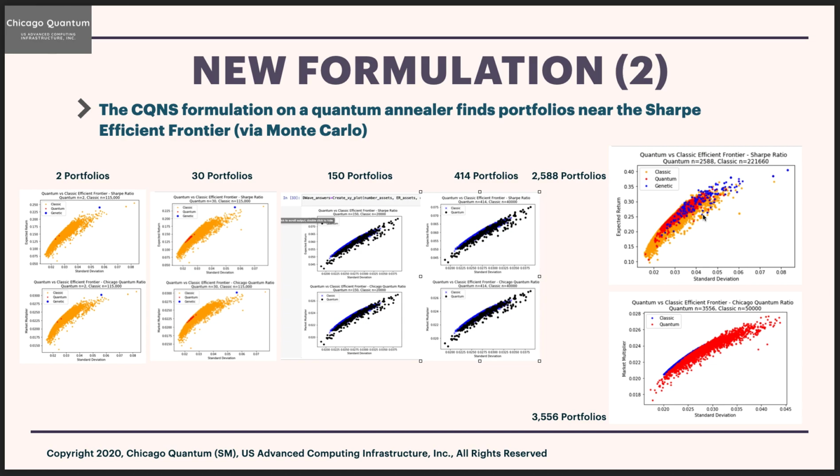And one of those yellow dots, by the way, is the best answer you can find. And in fact, one of the red ones is one of the best answers you can find. And the genetic algorithm finds the best answer you can find. So we have the DWave very quickly finding answers that are effective. If you look down at the bottom, you see after 3,556 data points, it's almost completely covering the efficient frontier. So it doesn't take many runs of the DWave to give us answers that are right in the ballpark of the efficient frontier.